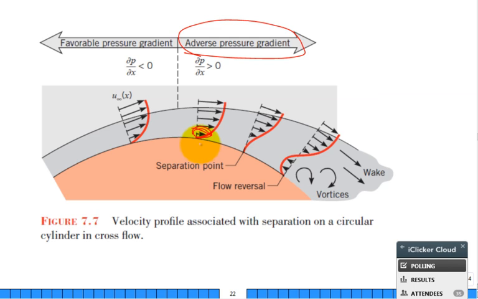Because it has the lowest velocity, it's easy to sort of push back such that you get a stagnation point and that you even get flow reversal in the velocity profile coming out. Hence you get this wake region or vortices or this recirculation region. And then it can be oscillatory in shedding the vortices or the recirculation region, or at higher flow, it can be very turbulent back there in this wake region.